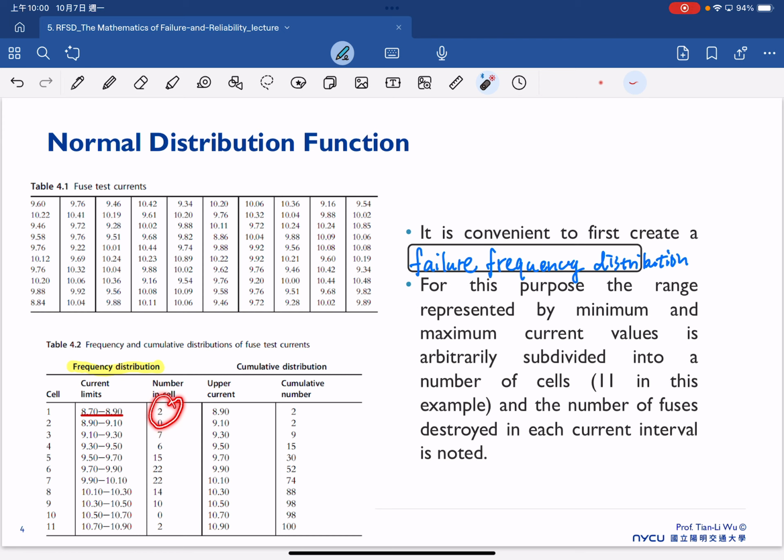fuses that fail in this range, and therefore we can also estimate the cumulative distribution.